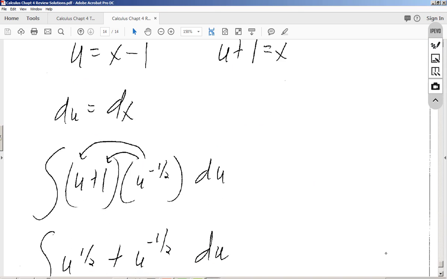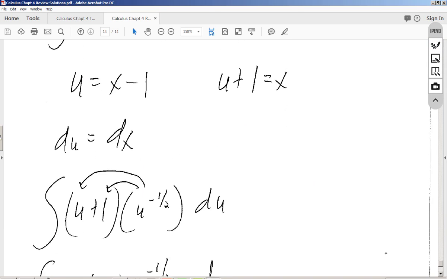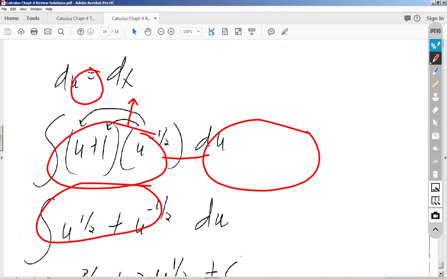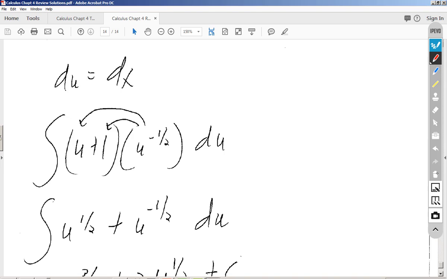Now that I know all that, I can go ahead and substitute it all in. So in place of my x, I put in my u plus 1. In place of my u value, I'm going to substitute that in. So I got u to the negative 1/2, and then I have du.